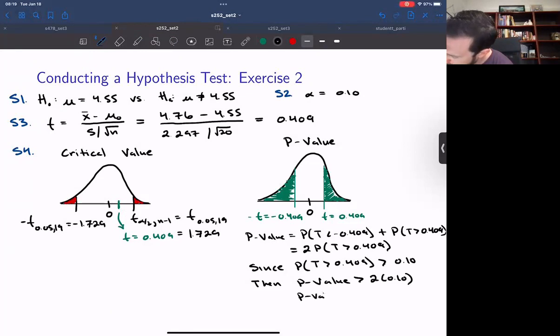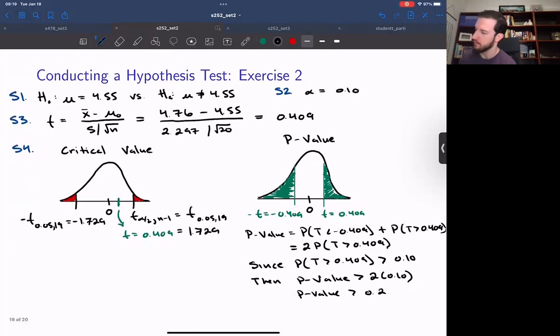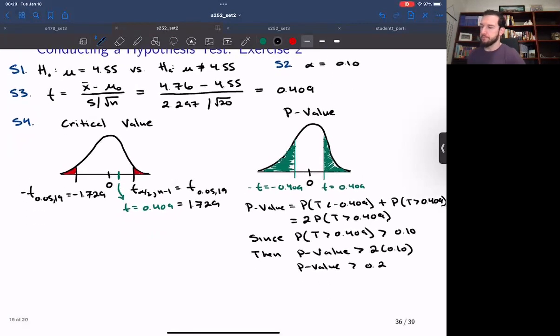So the p-value is greater than 0.2. Right? So that would be another illustration of the p-value approach using the student t-table. And in this case, it's a two-sided test, which is why we have this 2 times multiplier here and here.